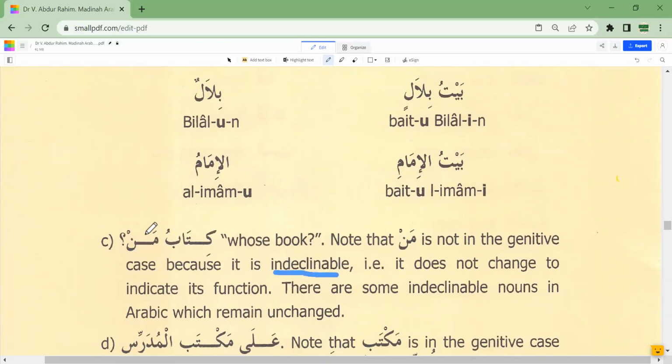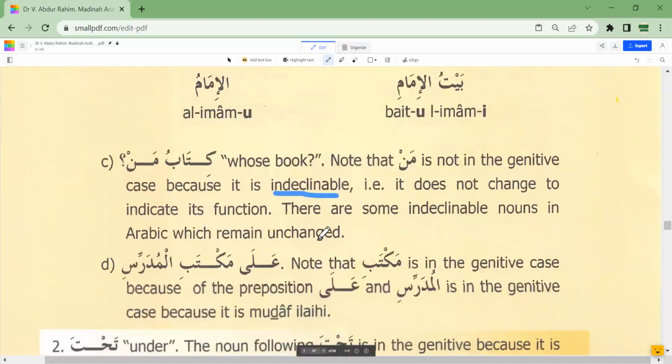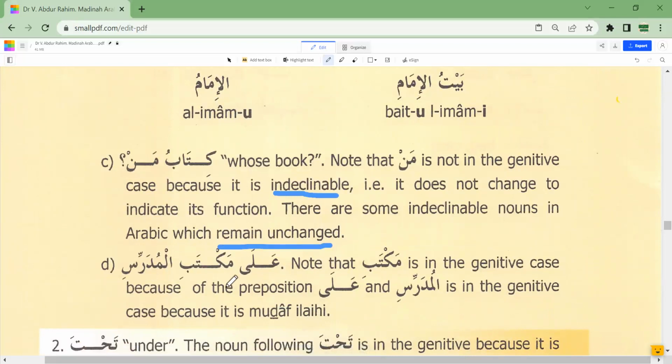You cannot have manu, mani, mana. It will always be just man. Its status is majroor, but we just can't see it. So these words remain unchanged. And when we add a harf of jar before the Murakkab Idaafi, then the mudaf will also become majroor. Ala maktabil mudarrisi.